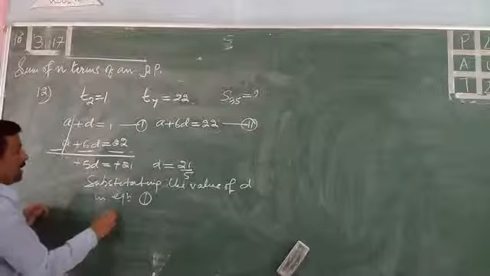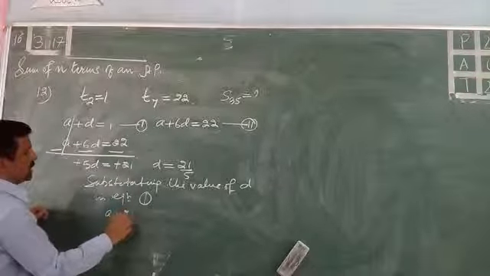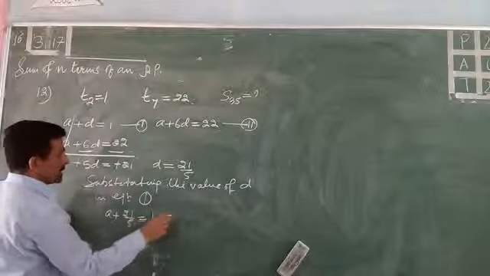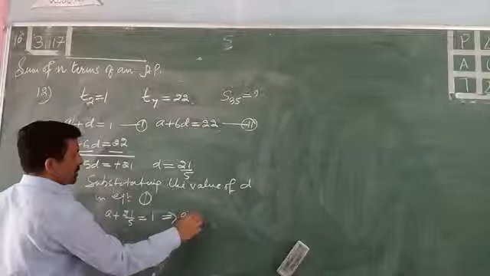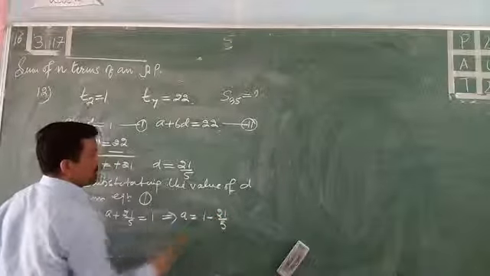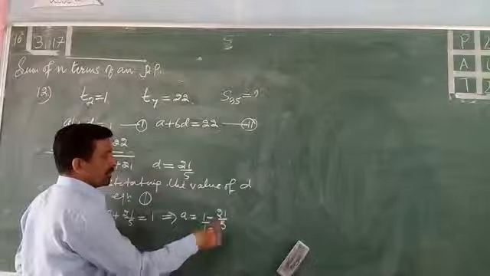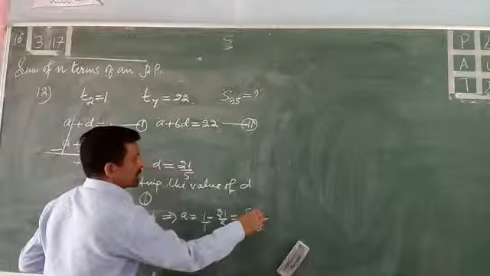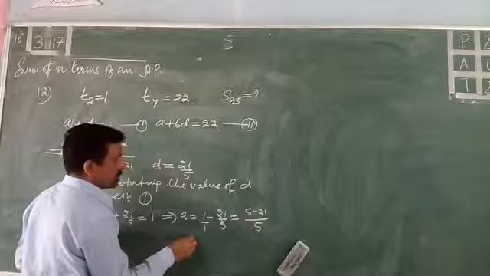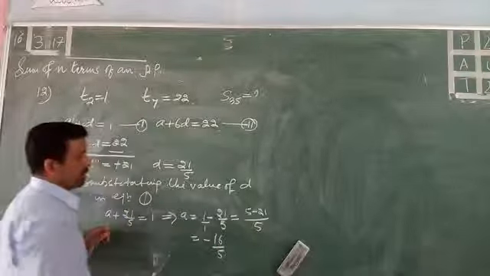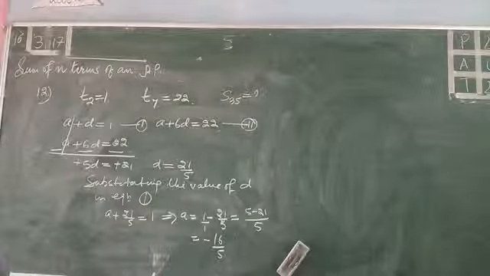So, a plus 21 over 5 is equal to 1. This implies a is equal to 1 minus 21 over 5. LCM will be 5. 5 minus 21 is equal to minus 16 over 5. We got the value of a as minus 16 over 5.